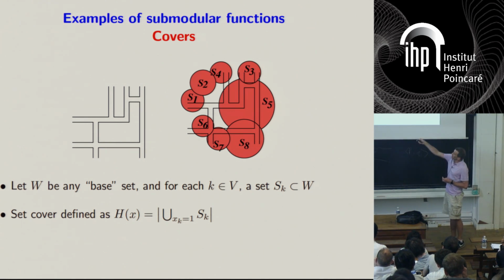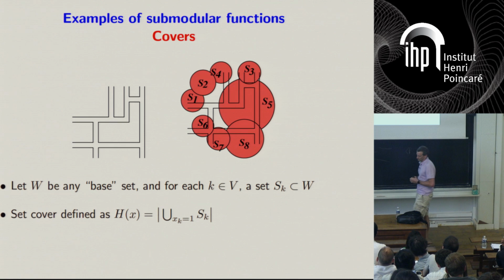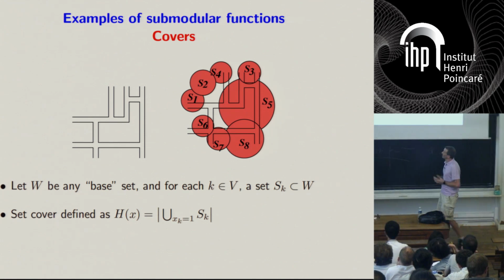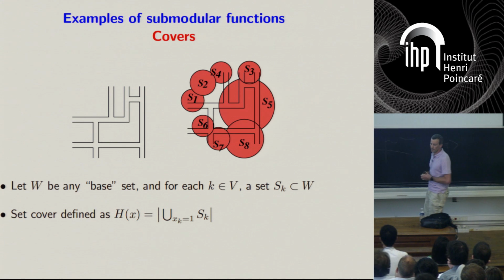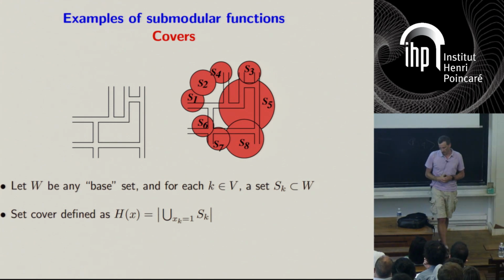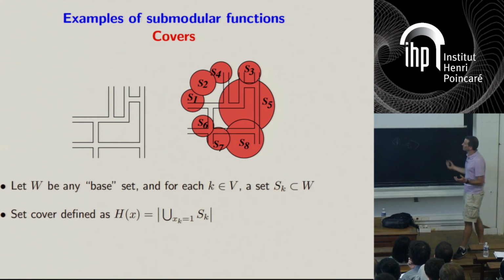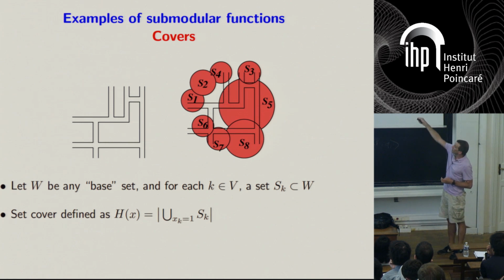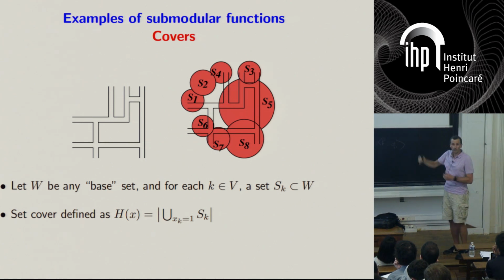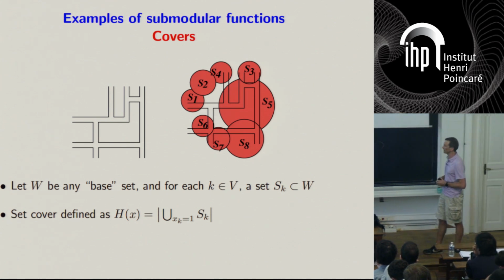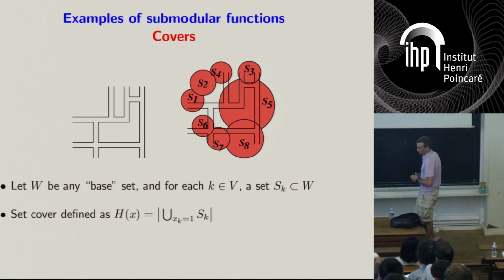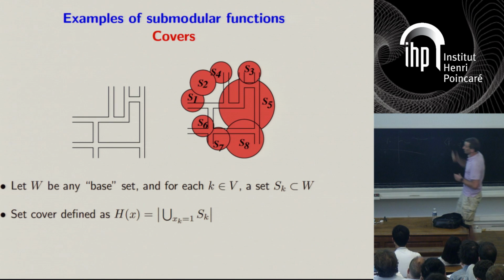Given a certain number of antennas defined by x, if you take the union of all the areas indexed by x, you get a set like here in 2D, and then you take any additive measure of that set, and you get a submodular function. Here it's obvious this is submodular because adding an antenna when you already have a lot of antennas doesn't bring as much new coverage as if you had only a small number of antennas. This one is submodular and used a lot in practice, in particular for those coverage problems.